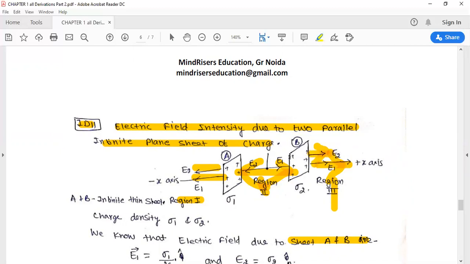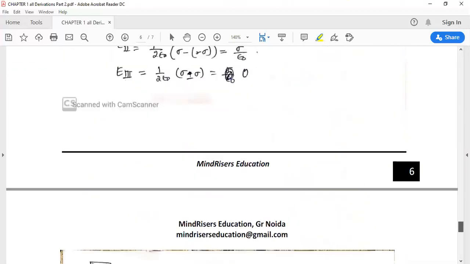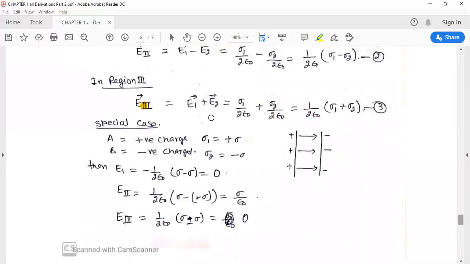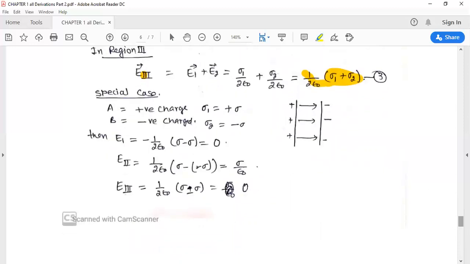So E1 and E2 both are in the x direction, so this time you have to add both, and you will get E1 plus E2, sigma 1 by 2 epsilon naught plus sigma 2 by 2 epsilon naught. So finally you will get 1 by 2 epsilon naught into sigma 1 plus sigma 2. So this is electric field intensity due to two different sheets in different regions.